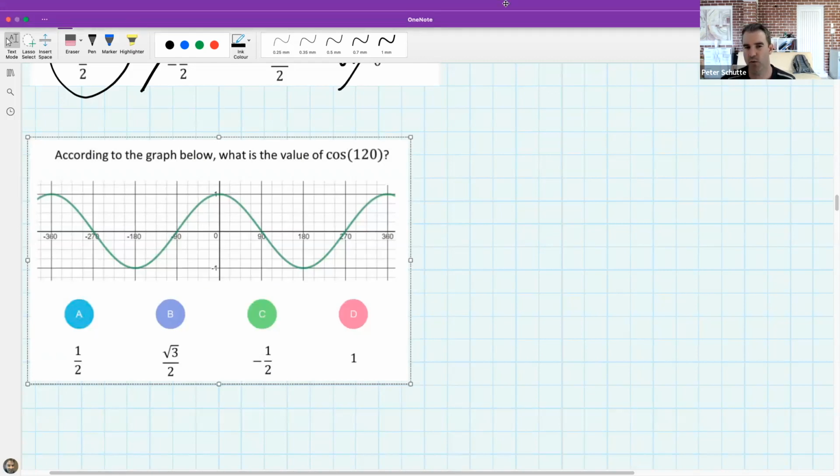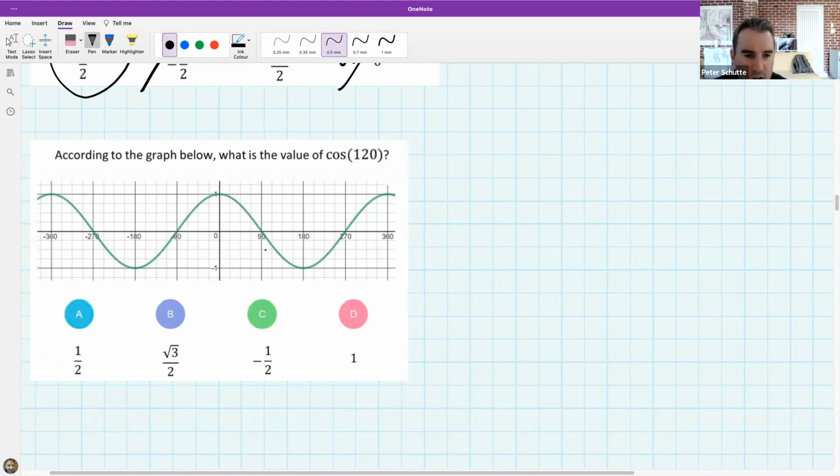To find where is 120 and what value is that going to give us? It's probably going to be somewhere around here. And if you look at that, what's that in line with?